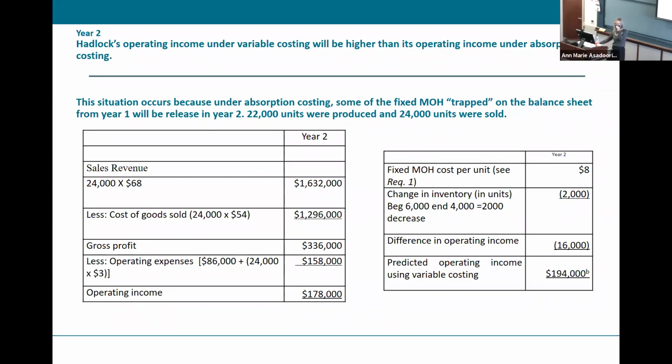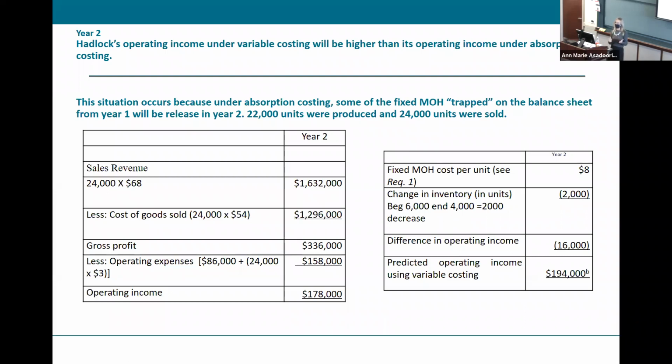And that only works, this is only still going to be 24 if you're making or producing the same amount from one period to the next. Because fixed factory overhead, that $8, is not a constant number per unit. Fixed cost per unit is not constant. The fixed cost in total is constant. $176,000 is your fixed cost.